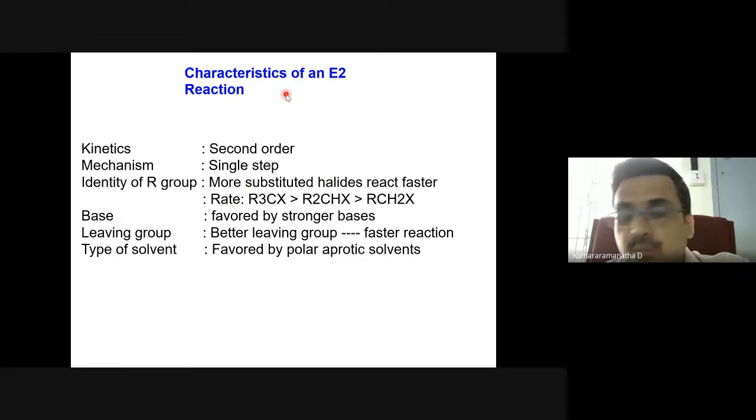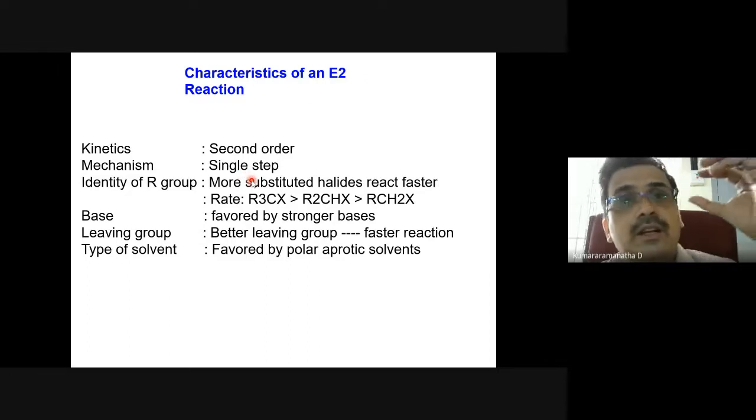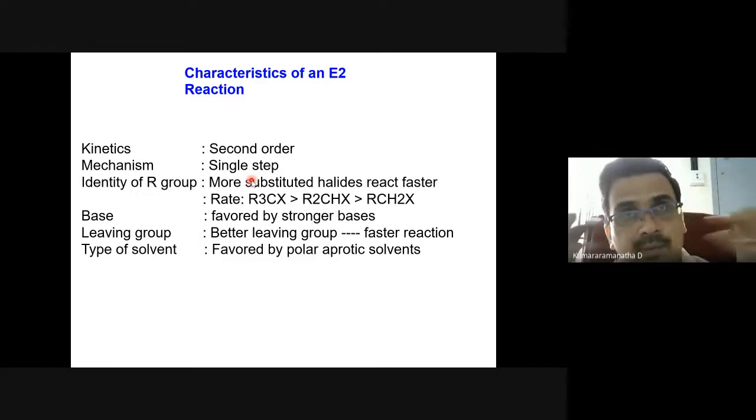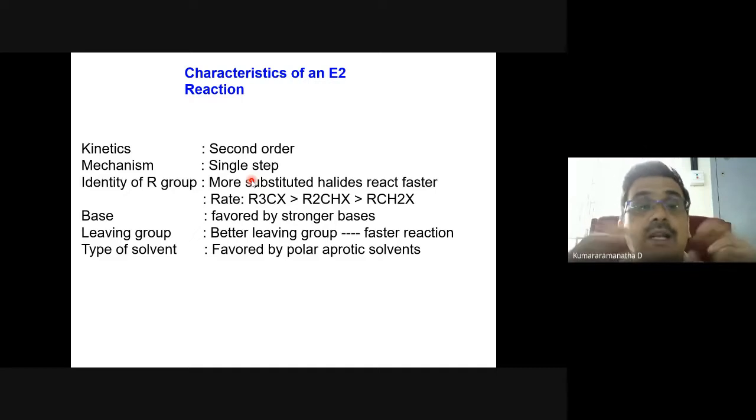Now, the important points which you should understand from the E2 reaction: it's a second order reaction. It's a single step where you get the transient step, base attack, partial double bond formation, and then cleavage. Tertiary groups will drive the reaction faster as compared to primary ones, and a stronger base will drive the reaction, and if you have a better leaving group, the reaction will be faster.